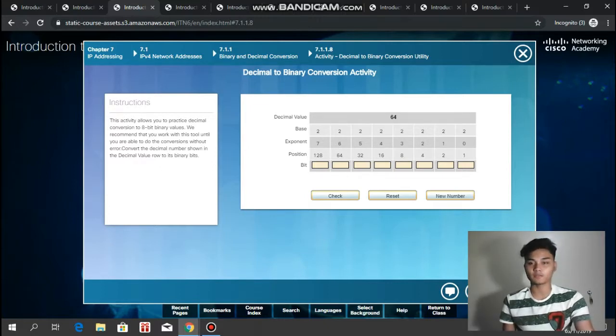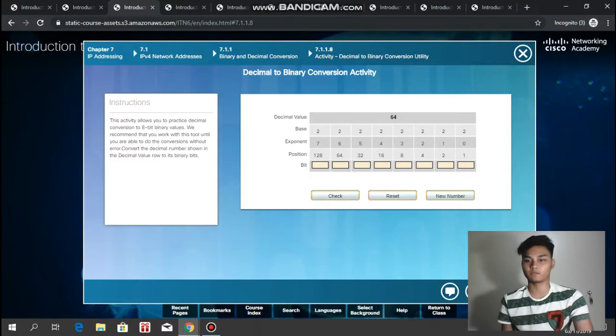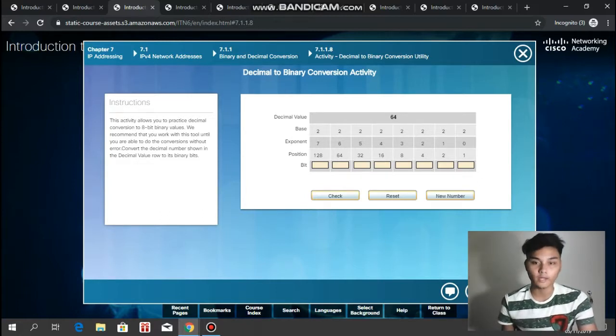In this activity, I'll explain that we have to subtract, and in the last activity we had to add. So if the decimal value is greater than the position, we have to put 1.